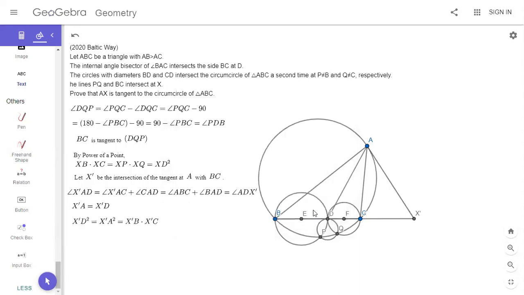Basically, there's some trivial algebra here, but if we had XB times XC was XD squared, and now we have X prime B times X prime C is equal to X prime D squared, then X has to equal X prime.